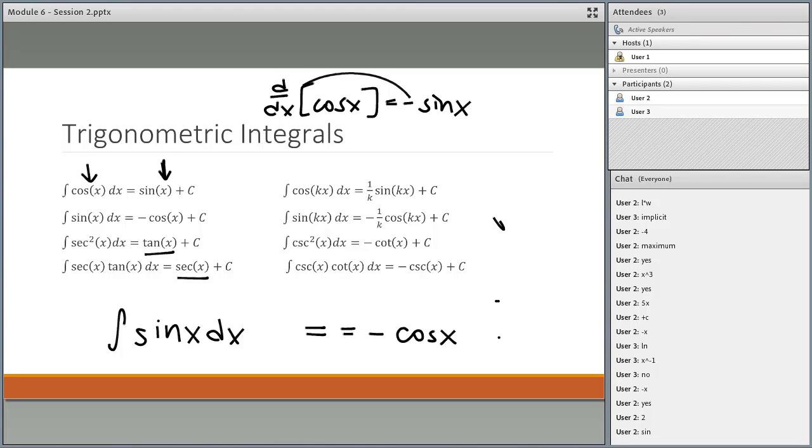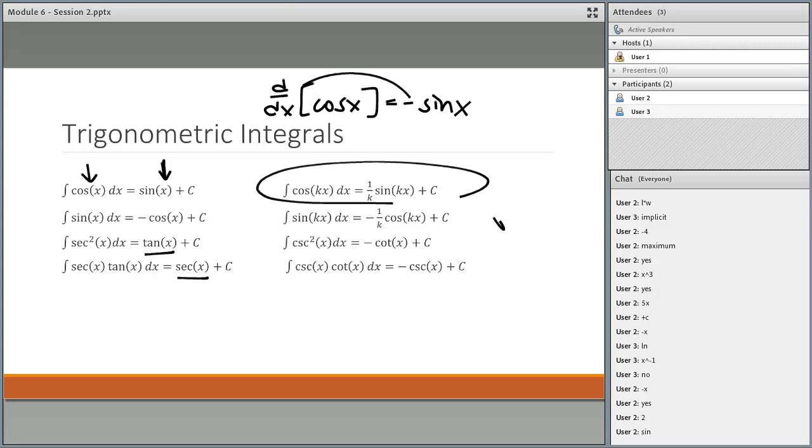If we have a cosine, but instead of just cosine x, let me erase this, we have cosine of kx, with k just being some sort of constant, so cosine of 3x, for example.